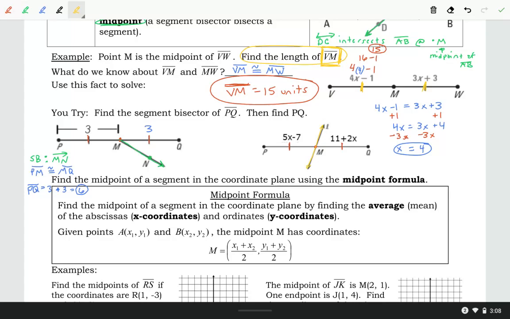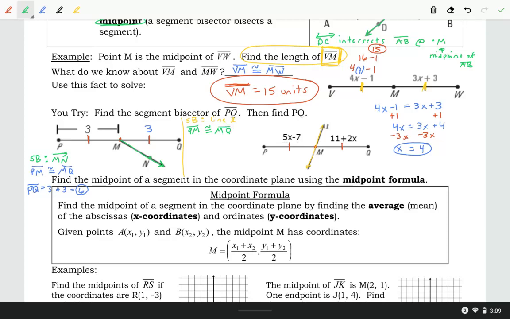So in this case, we see that our segment bisector is line L. We know that segment PM is congruent to segment MQ.